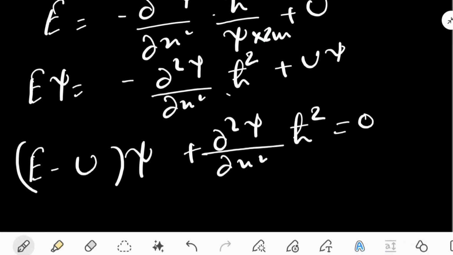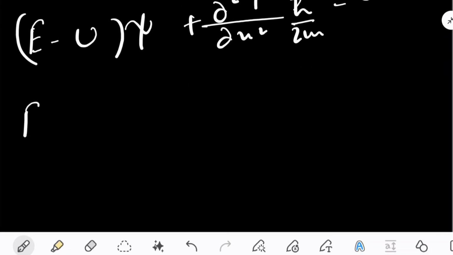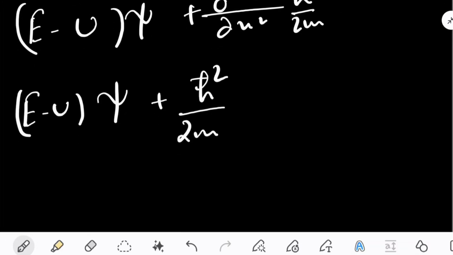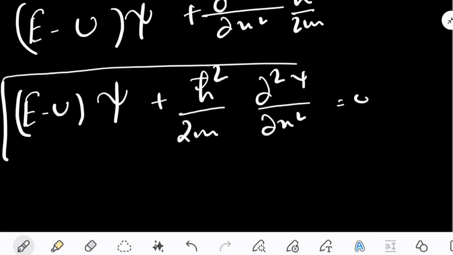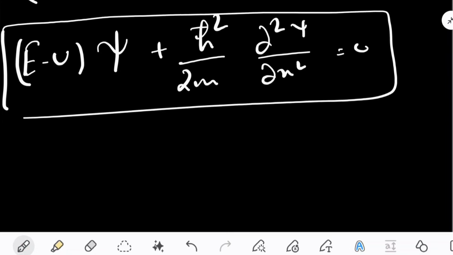So basically the expression is (E minus U) into psi plus h bar square by 2m into del 2 psi by del x square is equal to 0. And this is the Schrodinger time-independent wave equation. But this is the expression.